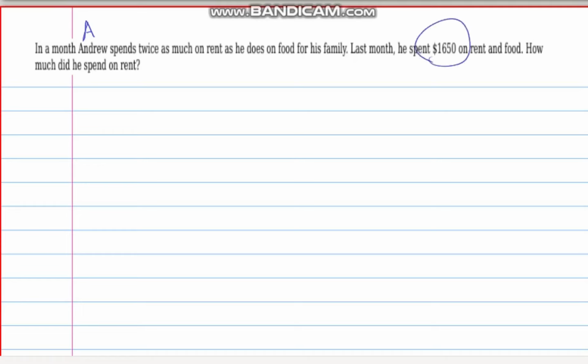Again, the total is given. Let me show you how it is the total. He spent 1650 on rent and food. What is written here? "And" means plus sign. In mathematics and in science, "and" refers to the plus sign.